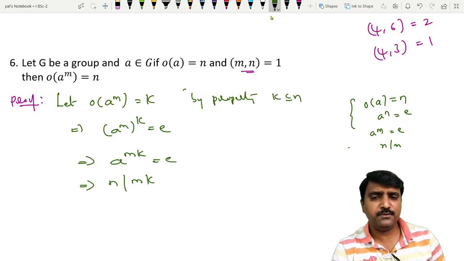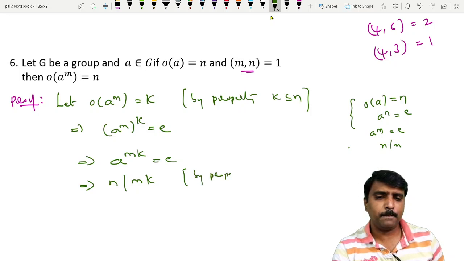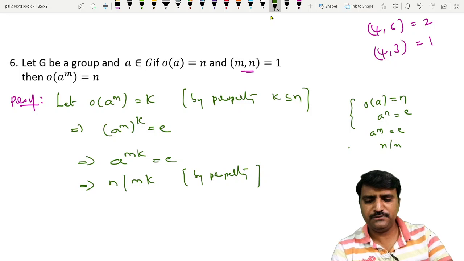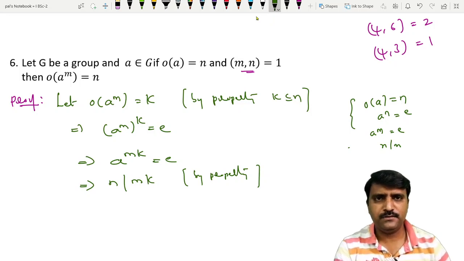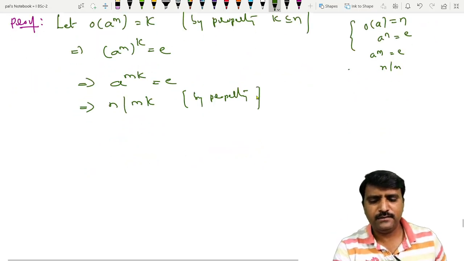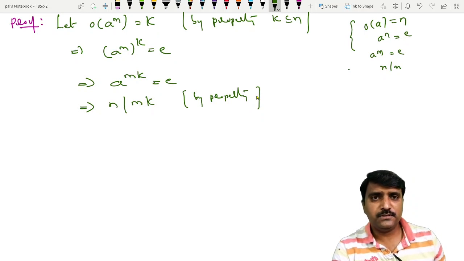You should remember the properties, otherwise it is difficult to prove the results. Yes, you should give the reason in groups for the steps you are writing. All the steps you should give reasons.